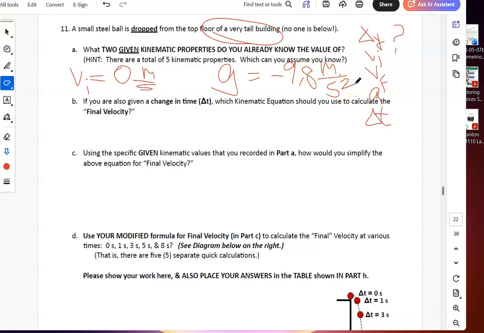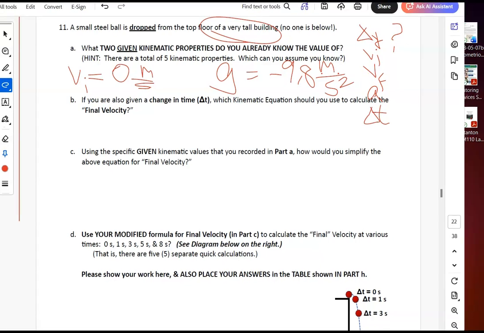Remember, any acceleration is going to be in meters per second squared. And the last parameter to consider would be the change in time, but we haven't been given any information about that yet, so that is not one of the two givens. So we have an initial velocity of 0 meters per second, and our downward acceleration of g is negative 9.8 meters per second squared. These are the two things we know already.